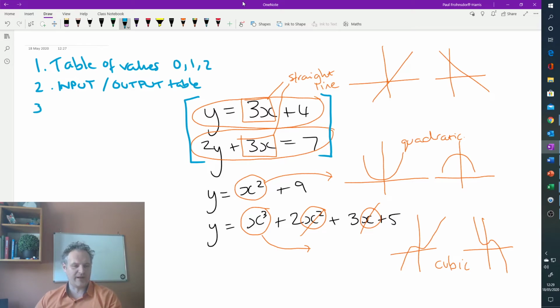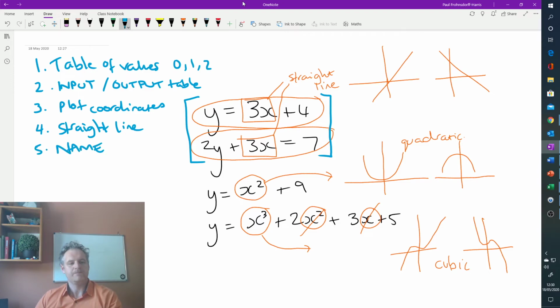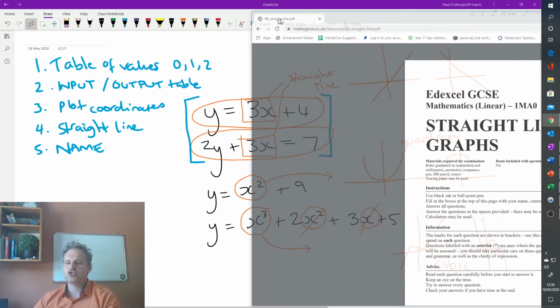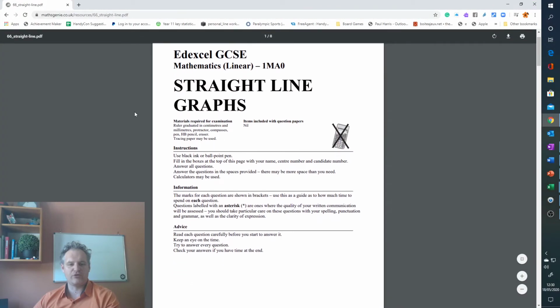Then when we've got that, plot the coordinates. Then when you've got that, straight line. And finally, name.